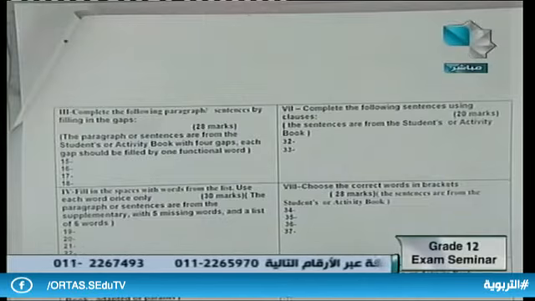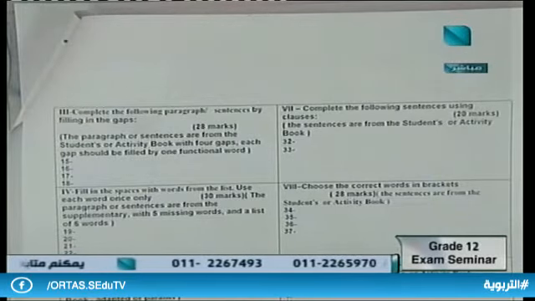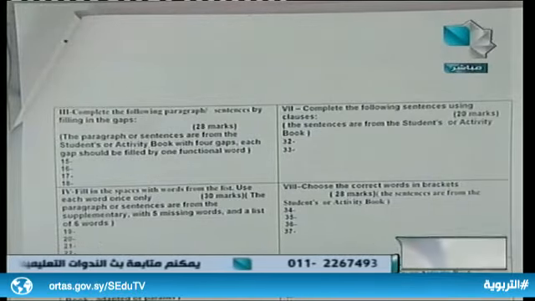Here it is related to a functional word. That means that the student has to know that he is going to write just 1 word here. It is very necessary, and the meaning will not be complete if it is not correct. Here we have 4 sentences for the literary section.